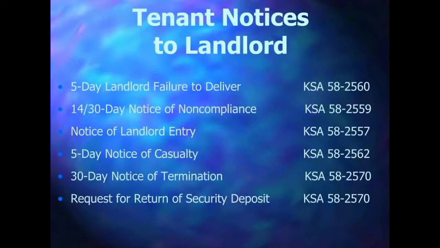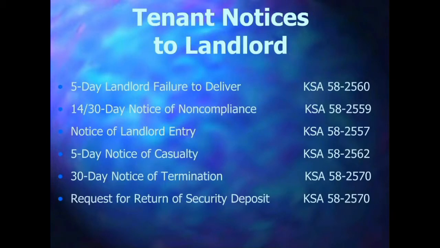These are the different types of notices. Tenant notices to landlord. These are what tenants give to the landlord. It could be a 5-day landlord failure to deliver notice, as defined in KSA 58-2560. It could be a 14-30-day notice of noncompliance under KSA 58-2559.